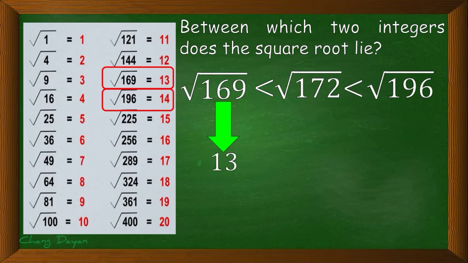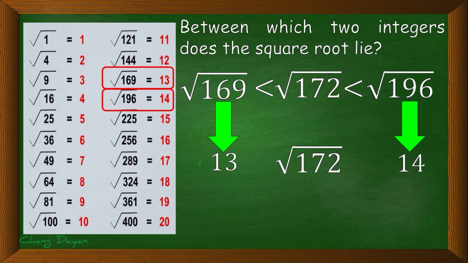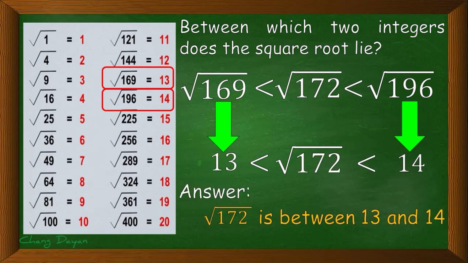And square root of 196, ang principal root nito ay 14. So, 172 is greater than 13 but less than 14. Answer, square root of 172 is between 13 and 14.